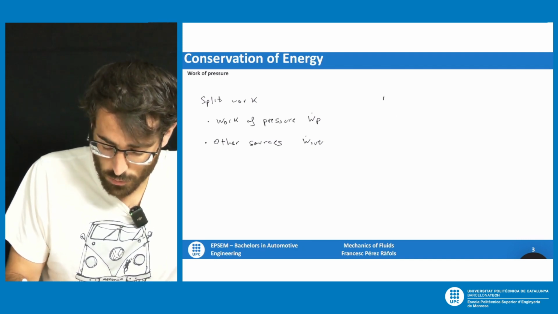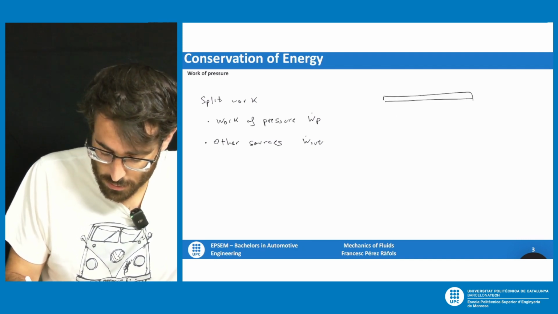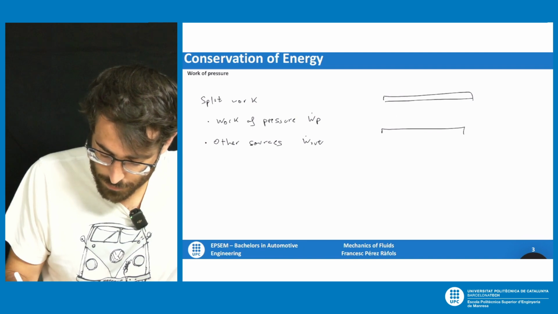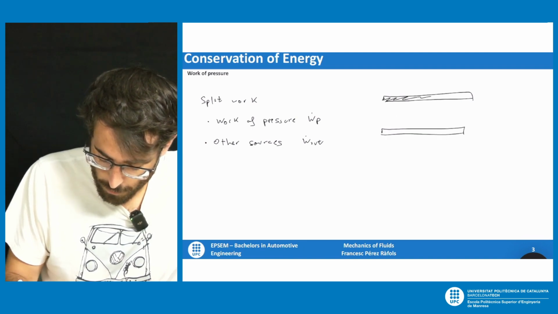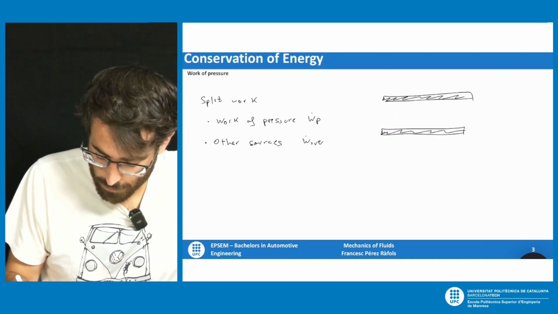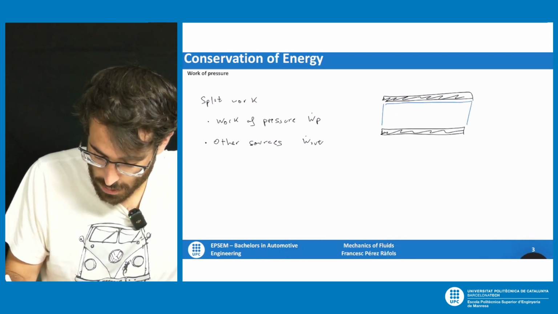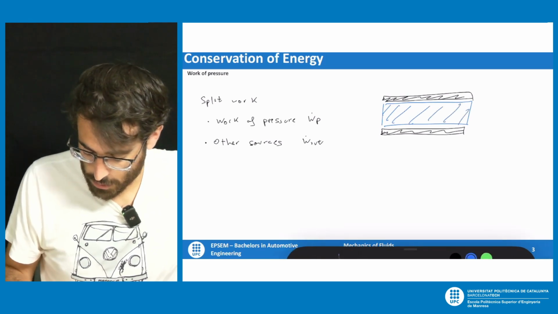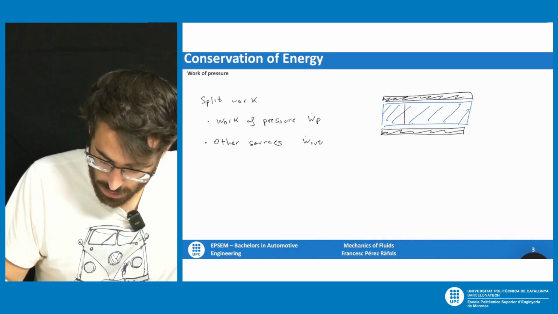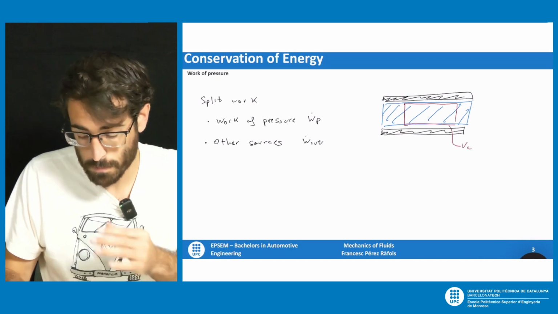So what is this work of pressure? So again, let's consider this tube, and we have a certain fluid acting on it. Let us consider a control volume here in the middle. It's going to be our control volume.